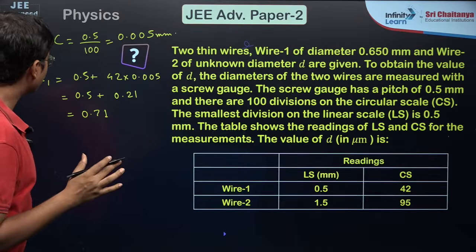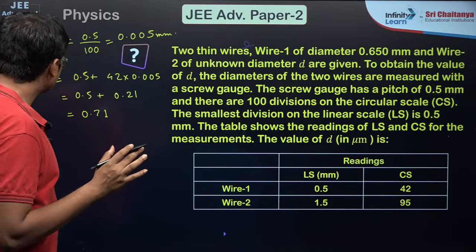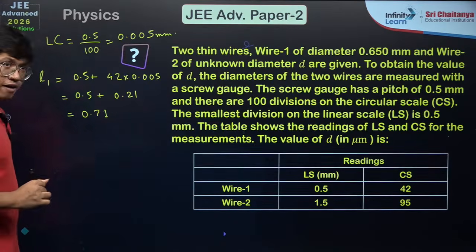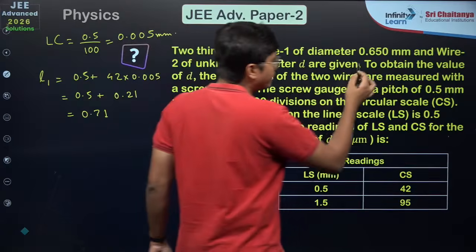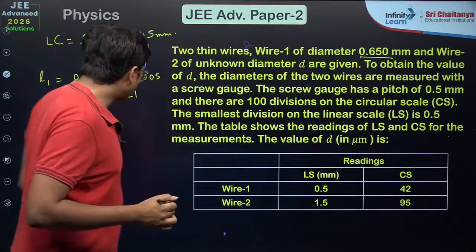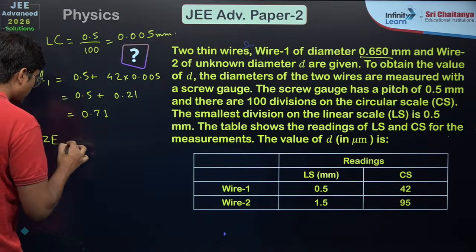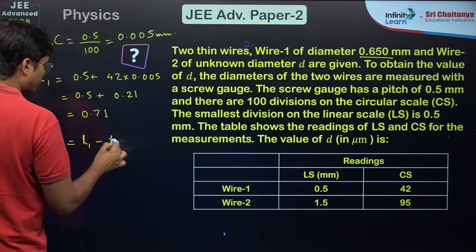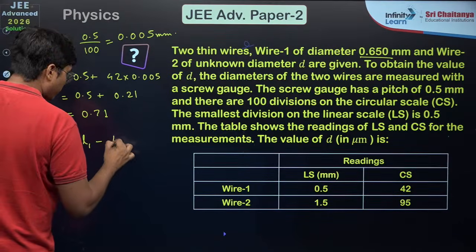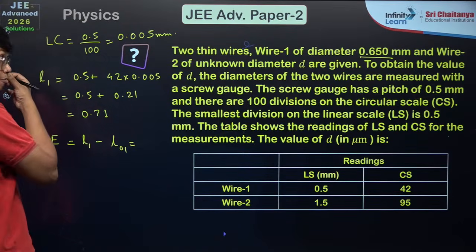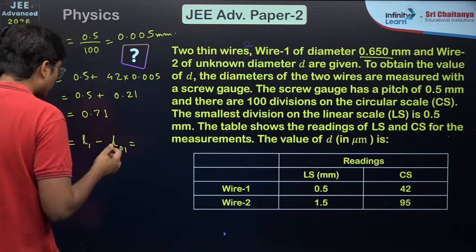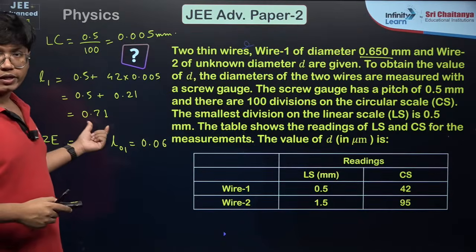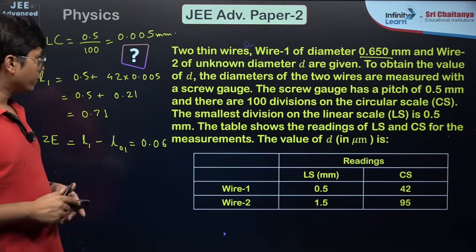Yeah, I think we did it correct. That is L1. Now you see, actual measurement is this 0.65. So what is the zero error? Zero error is L1 minus L01, the measured value minus the actual value, which is 0.71 minus 0.65, which is 0.06, and this is a positive zero error.